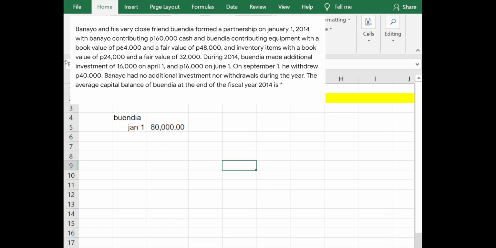And then, during 2014, he made an additional investment. When was this? April 1.